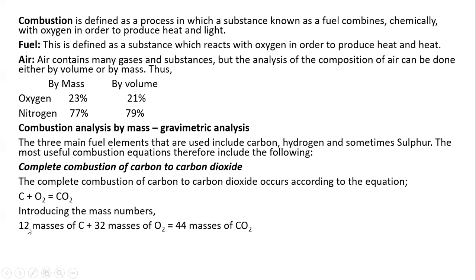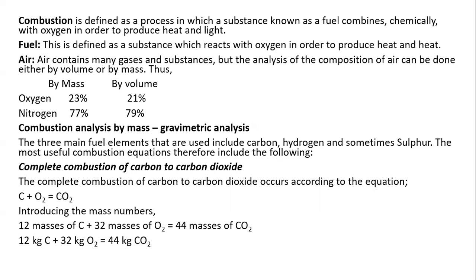So when I add this 32 and the 12, the product is 44 masses of carbon dioxide. But we cannot just be calling them masses. Why not use the SI unit for mass? So hence, we say 12 kg of carbon added to 32 kg of oxygen, then we have 44 kg of carbon dioxide.